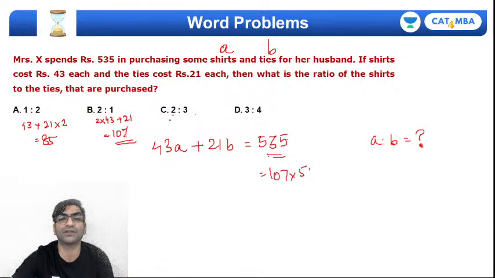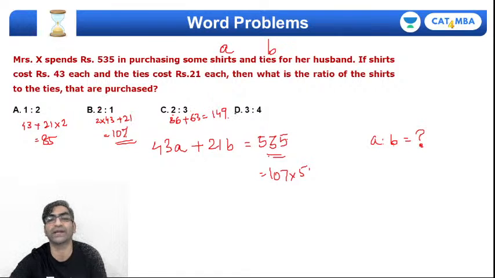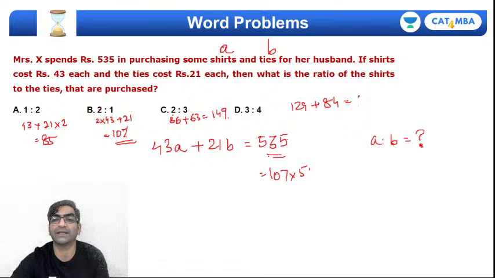So 2 into 43 is 86, 3 into 21 is 63. I am making 149. Can I divide this? No, I can't. 3:4 similarly, 3 into 43, 129 plus 84. That's 213. Can that divide 535? No. So you can see option B is the right choice.